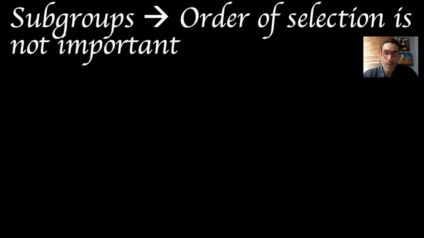Now let's analyze what happens when the order of selection is not important. And remember what is the scenario of not being important. Let's create a scenario. We're going on a trip, okay? So let's say that we are in a bus, okay?